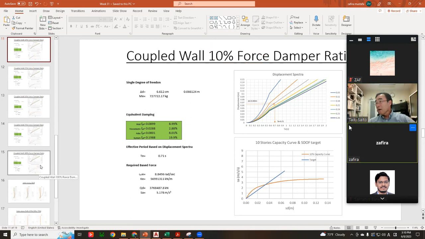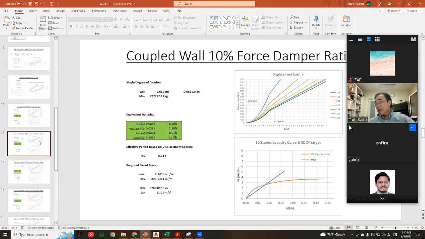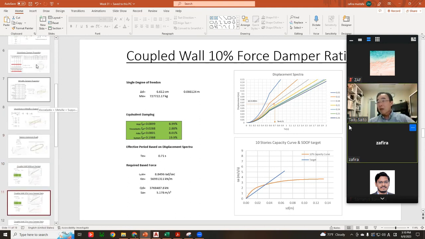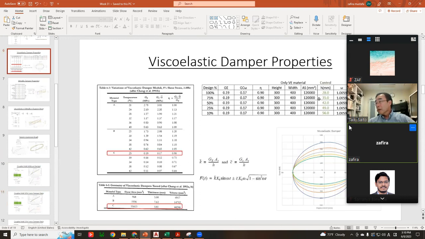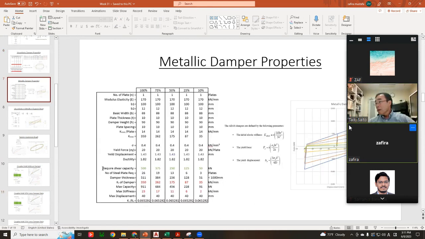How did you decide the combination of viscoelastic and metallic? From here, we start from 400 kilonewton, and then we can get K and C. And for metallic it is 500. Required shear capacity is 500, and then this 100 to 10%. And from here we can get K, the stiffness.